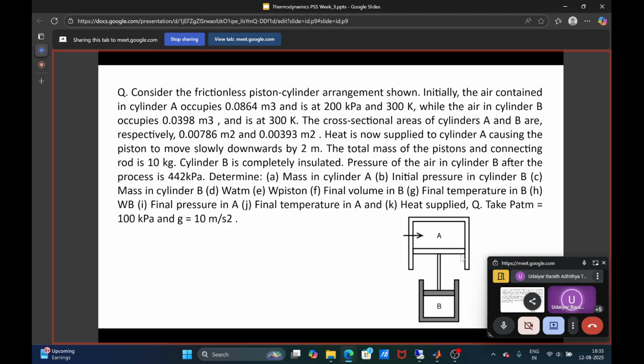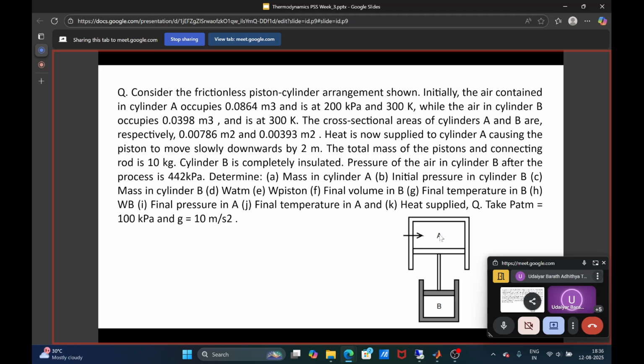So we had two cylinders which are connected by a common piston, and the piston area is different on each side. So these are the values which we need to find out. The initial pressure, volume and temperature for cylinder A is given, and the volume and temperature in cylinder B are given, and by adding heat in cylinder A, the piston is moving downwards by 2 meter.